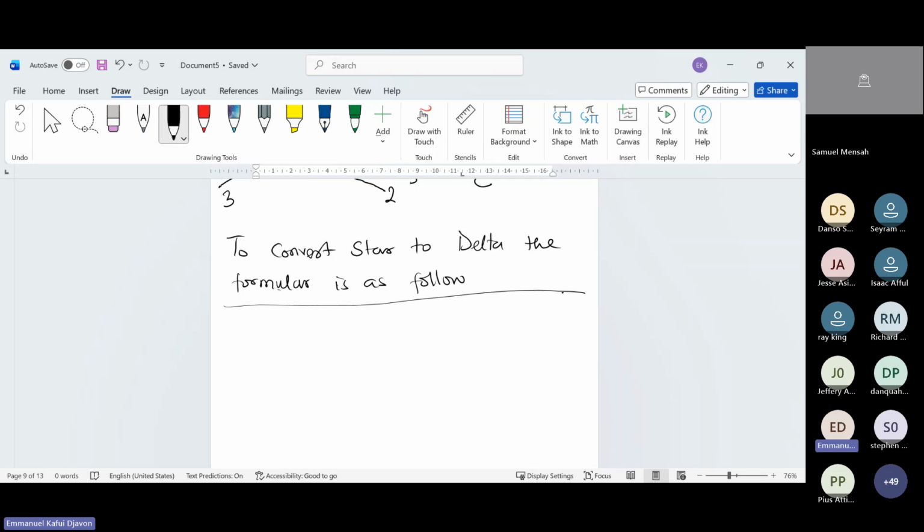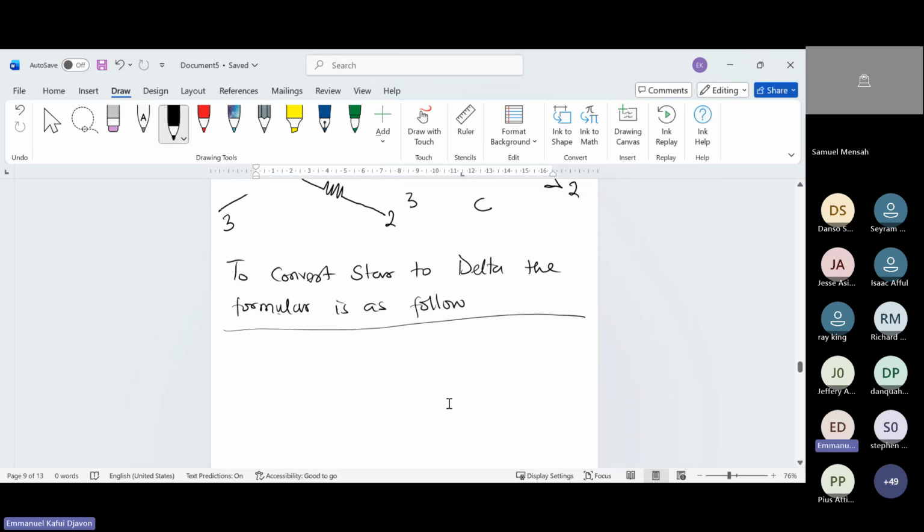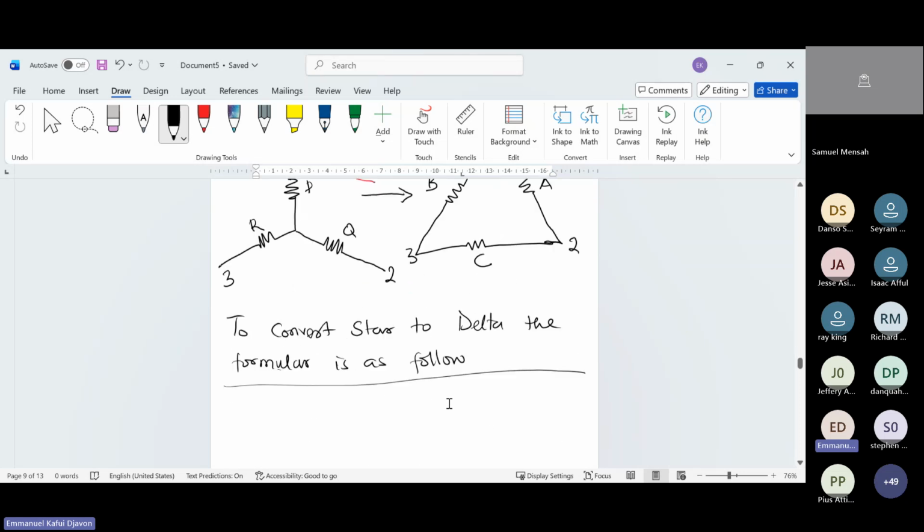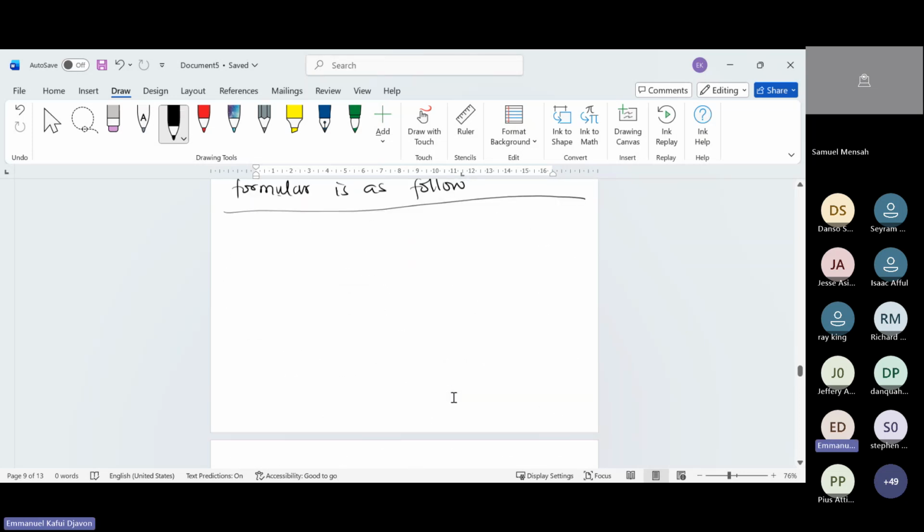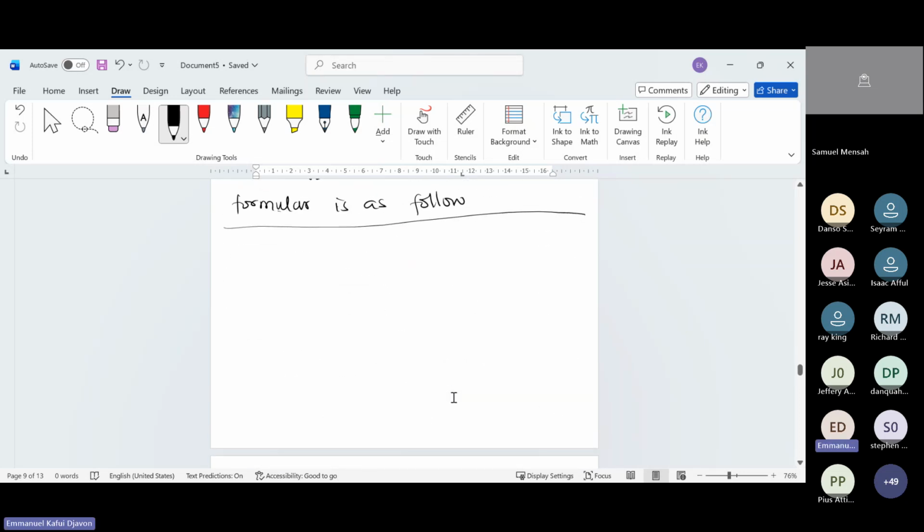So now, as you can see, let's pick the star as a case study. So I'm drawing this. This is 1, this is 2, and this is 3.